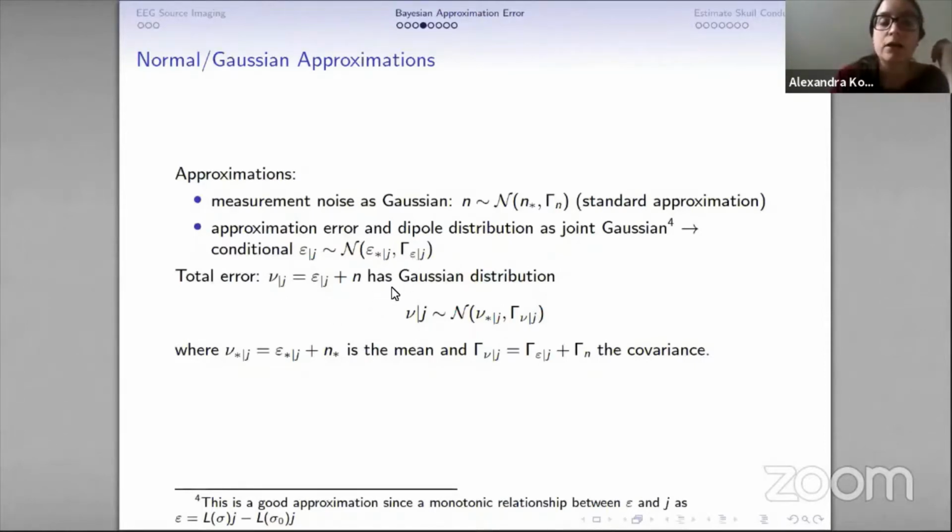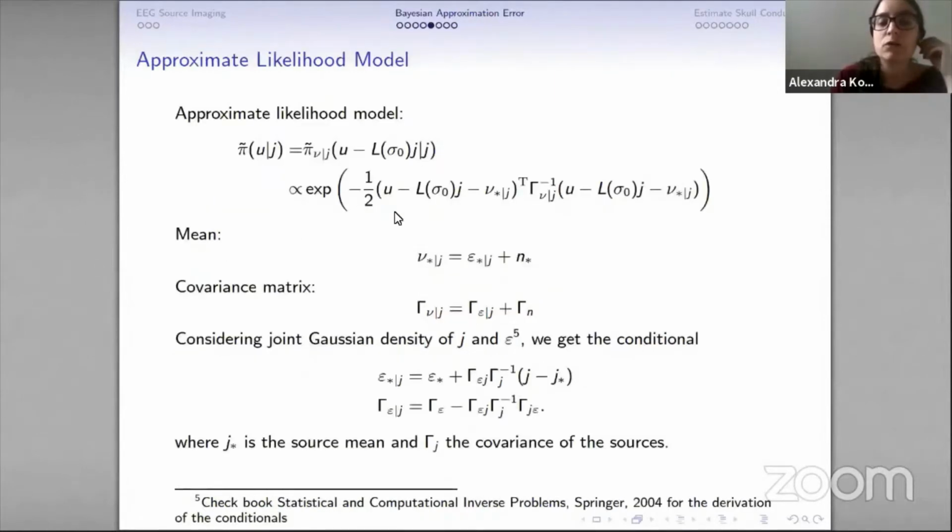So the total error has a Gaussian distribution. Very nice. They are mutually independent, so the mean is the sum of the means, and the covariance is the sum of the two covariances. And then we have the approximate likelihood, which is given by this lovely expression.